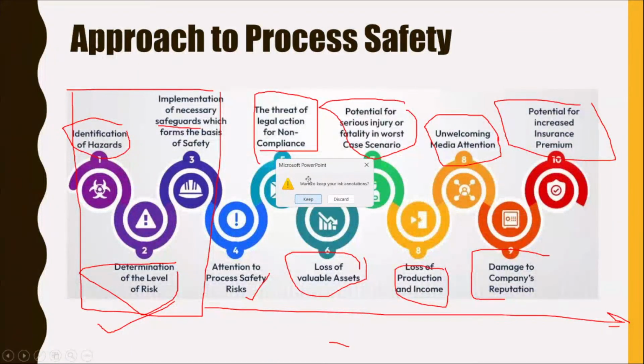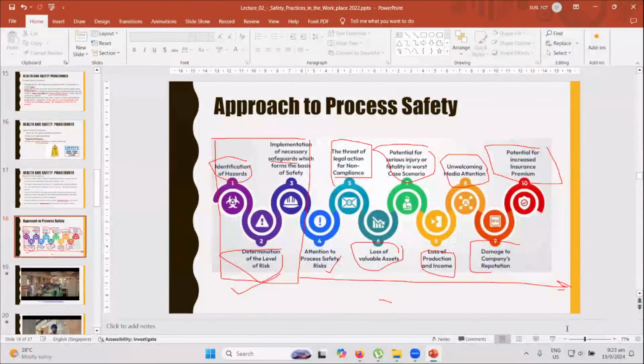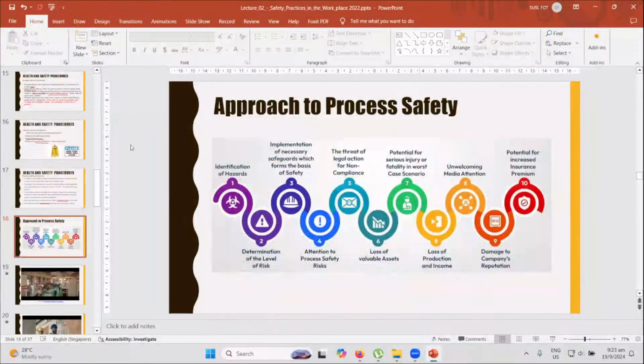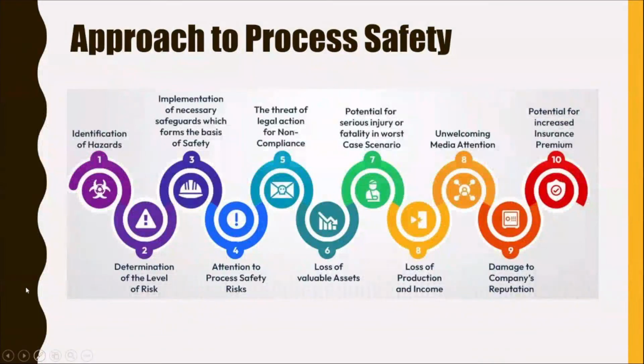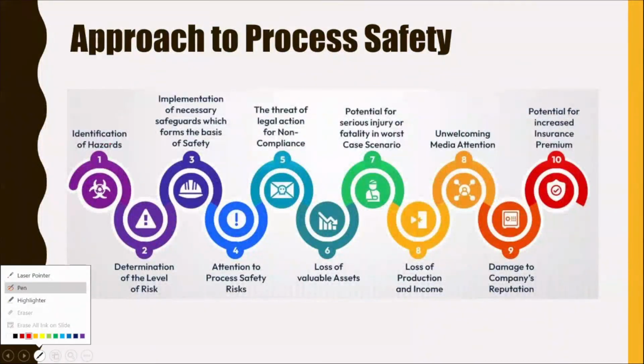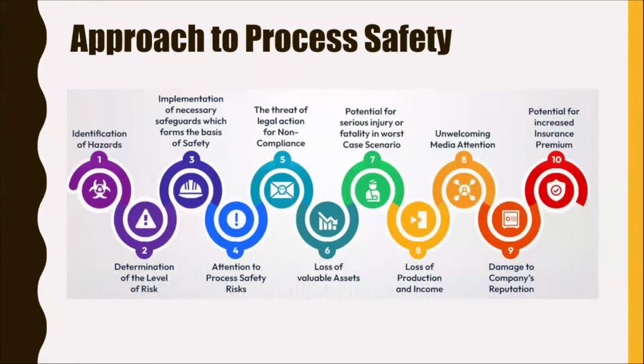These are some of the annotations I made in the last lecture. First of all, you have to identify what the hazard is. You can remember that a hazard may lead to an accident. Then comes the determination of the level of risk, whether it is fatal or non-fatal, whether it causes an accident for people or machines.